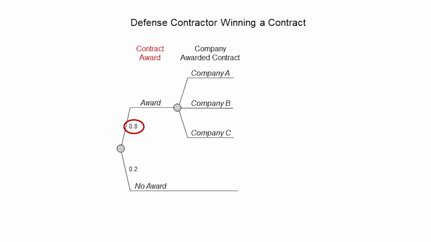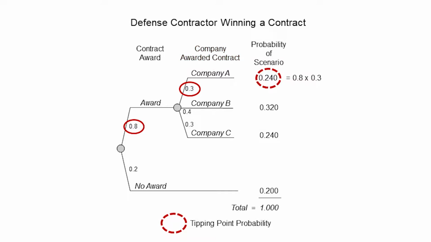Given the contract is awarded, the defense contractor, let's call it Company A, must compete with 2 other contractors to win the contract. Company A executives believe they have a 30% chance of winning the contract, given no other actions are taken to improve their chances of winning. This implies the tipping point probability of Company A winning the contract to be 0.24 or a 24% chance.